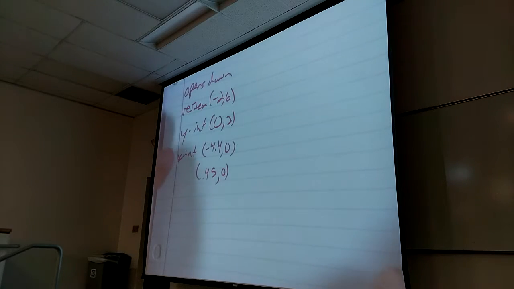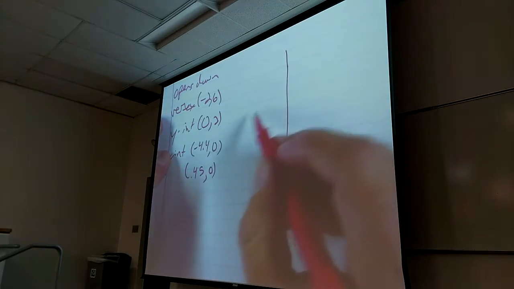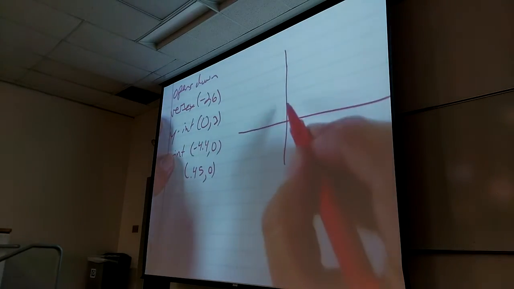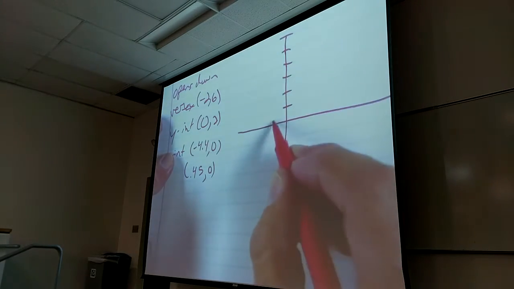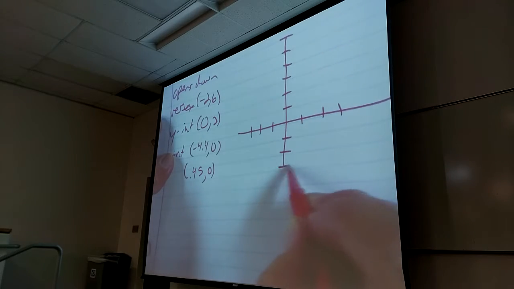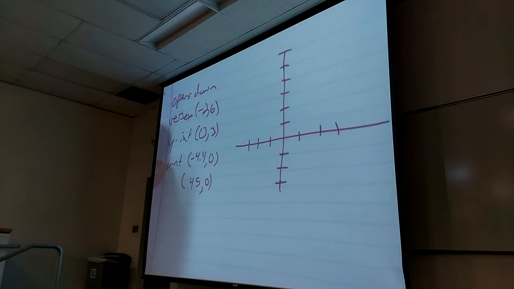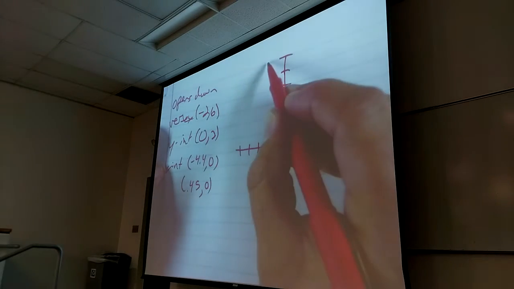So let's see what happens. Let's try to graph this thing. Most important points. Where's the vertex? -2, 6.